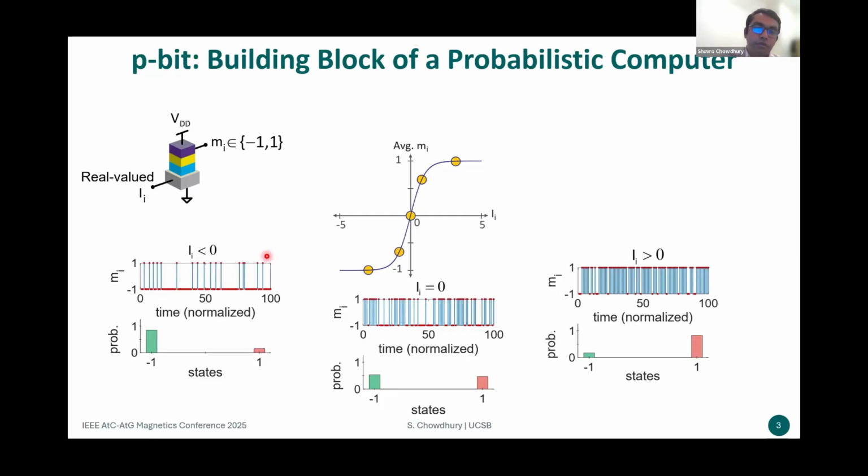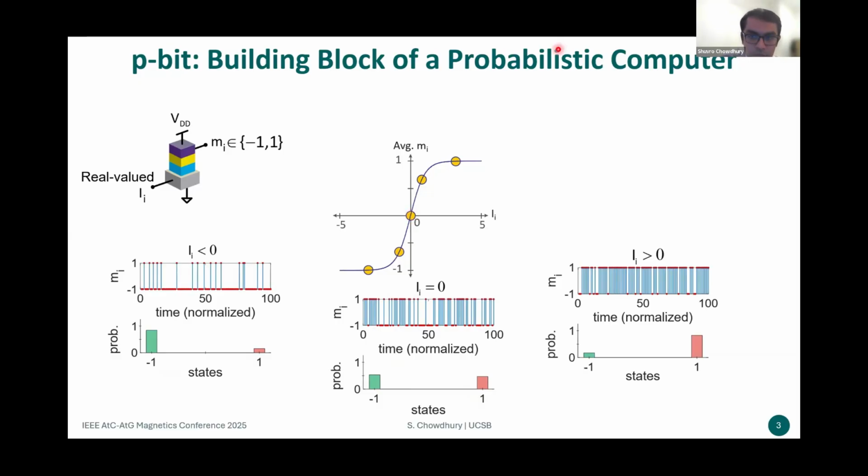So if you see the average behavior of the p-bit output, you will see a negative quantity. Now, if you apply zero input, then there is no preference for the p-bit to choose one state more than the other. So it will spend equal amount of time in both the +1 and -1 states. Over time, if you see the average response of this p-bit, then you will see a zero average.